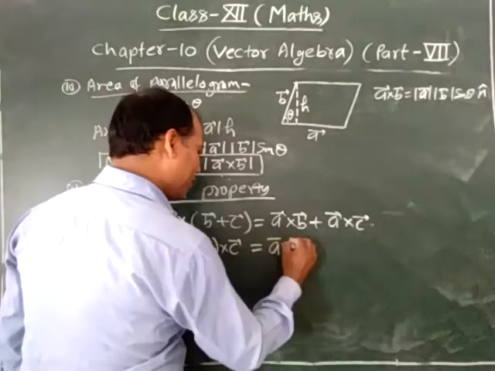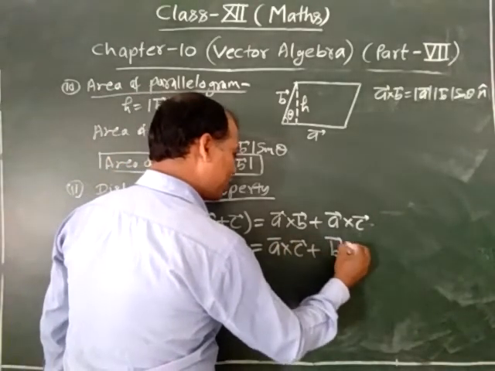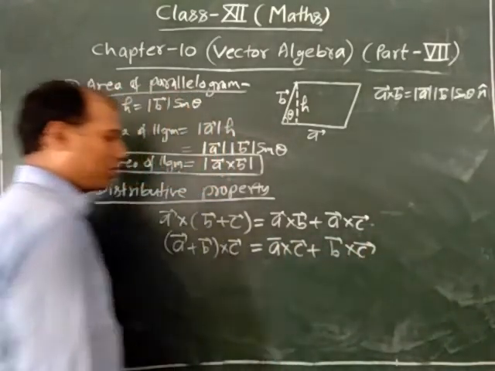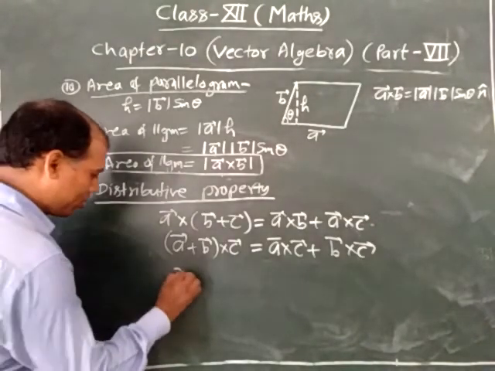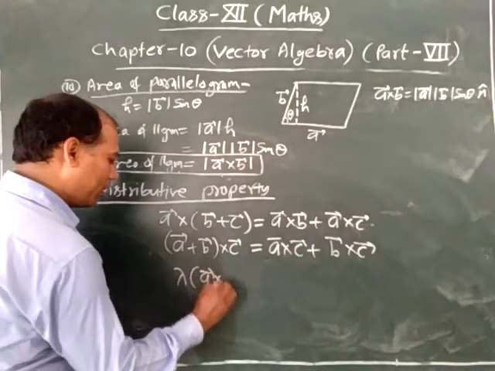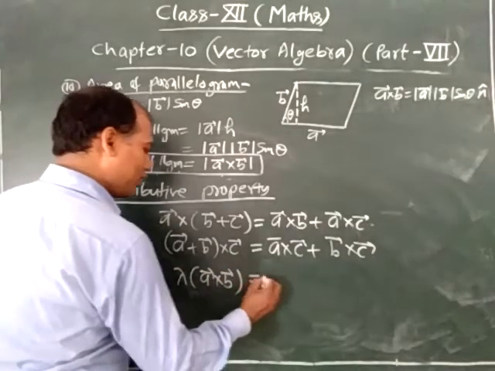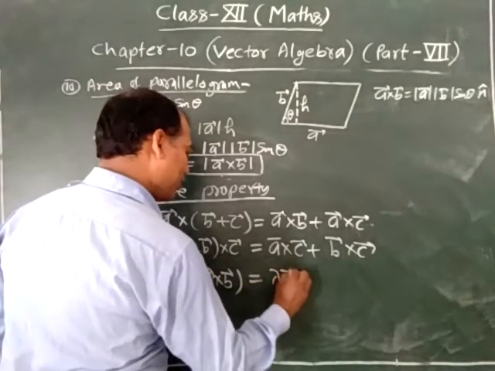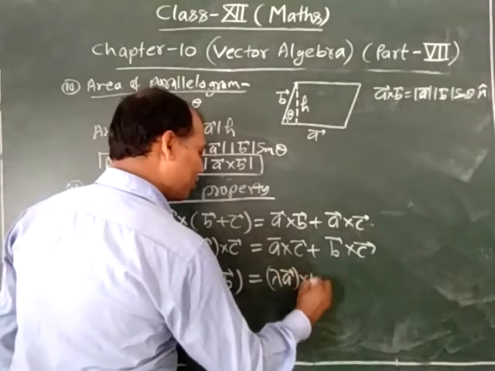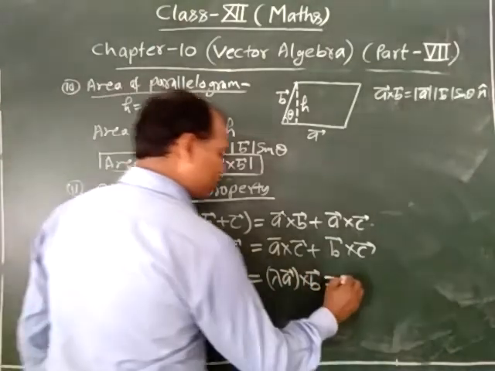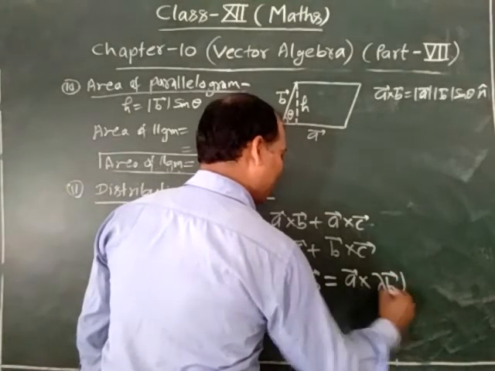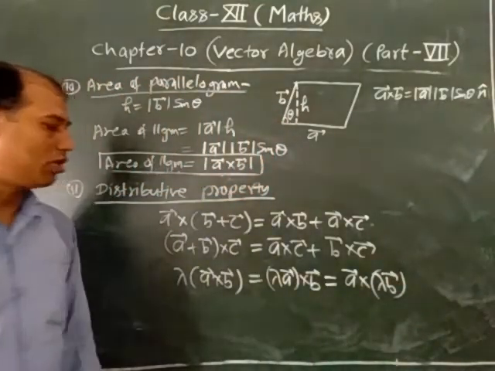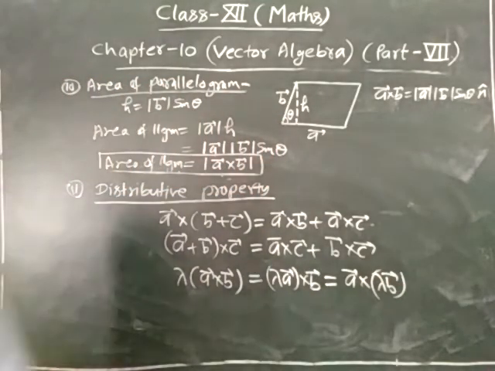A cross C plus B cross C. This is called the distributive property. Scalar multiplication of A cross B can be written as lambda A cross B, or this can also be written as A cross lambda B.